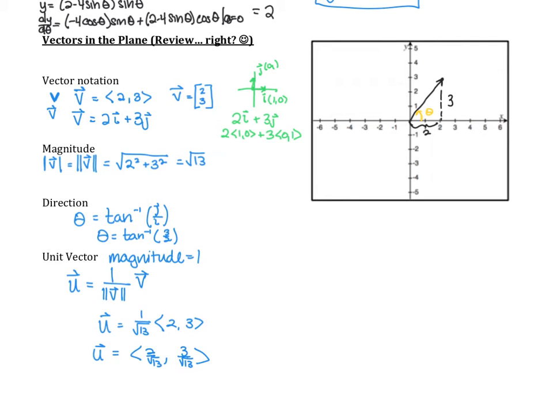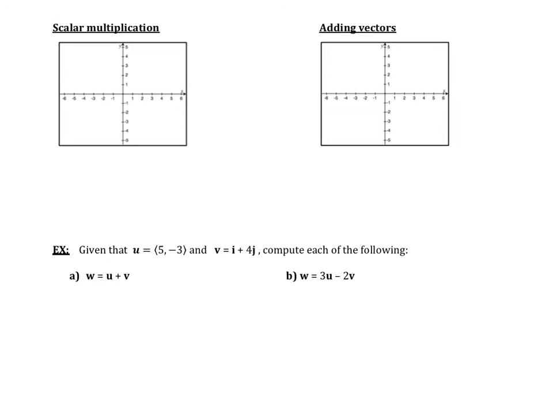Okay, let's keep going. All right, we are going to look at two operations dealing with vectors. First is scalar multiplication. So let's go back and use that same vector that we had before. That was 2, 3. So that is the vector right here. There's vector v.